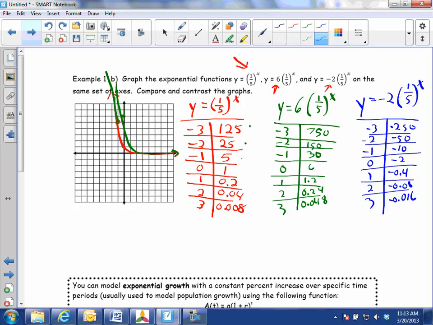In this case, since it's a negative, like I said, it's going to flip it, so it's upside down.